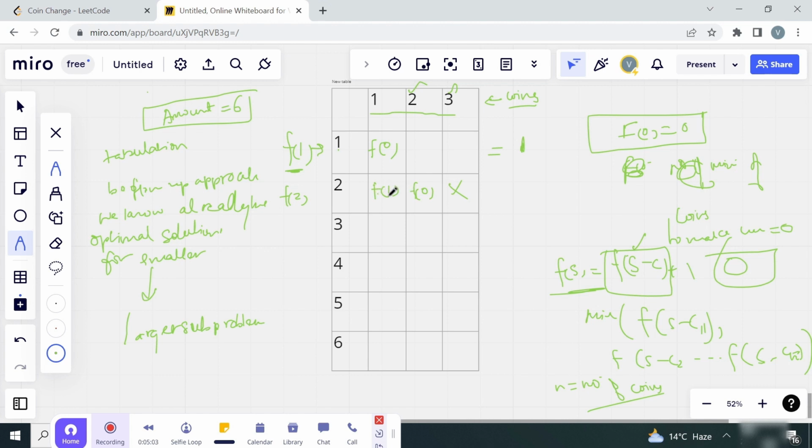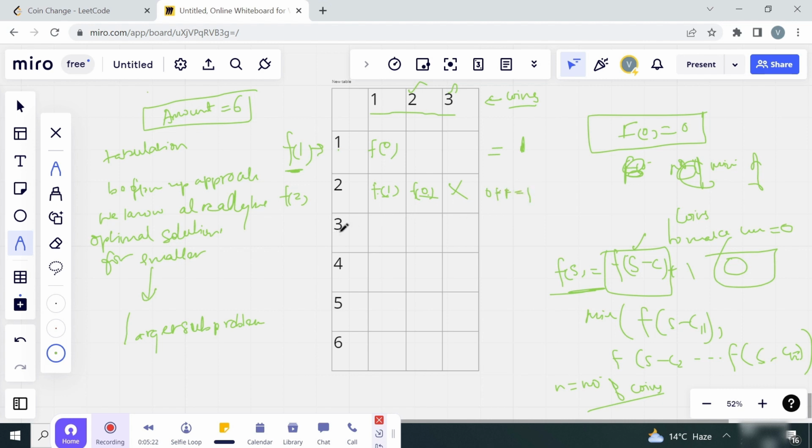So minimum of f1 and f0, so f1 is 1, f0 is 0, so minimum of f1 f0 is 0, and 0 plus 1 is equal to 1.